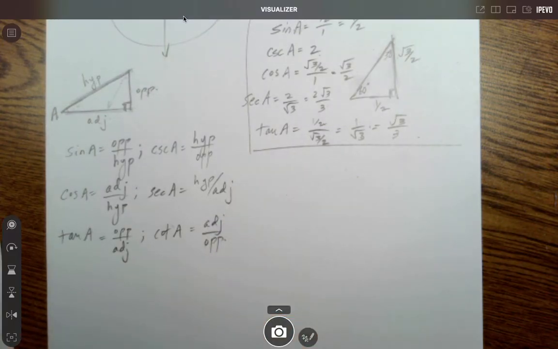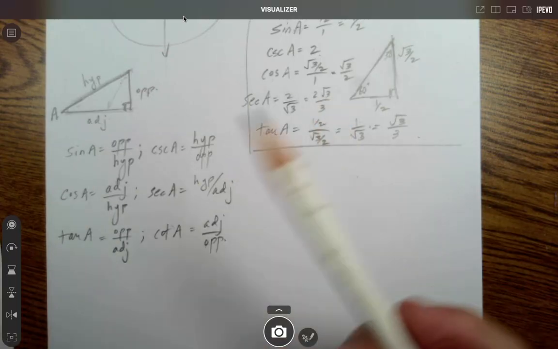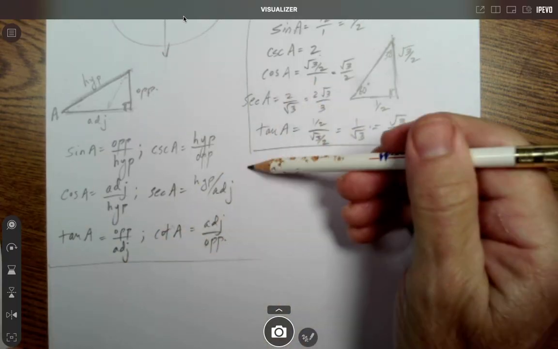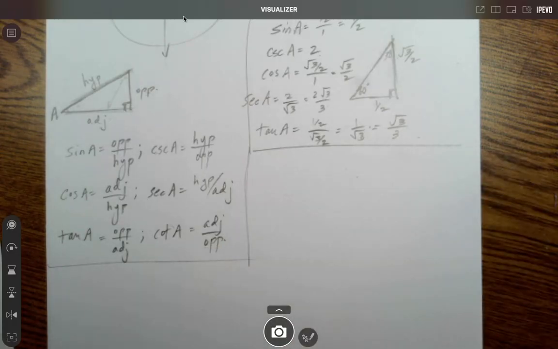All right. And that's it. So these are the functions that you need to know. They might already be on that cheat sheet that I gave you. I don't have a copy of that. Let me look. Maybe I do.